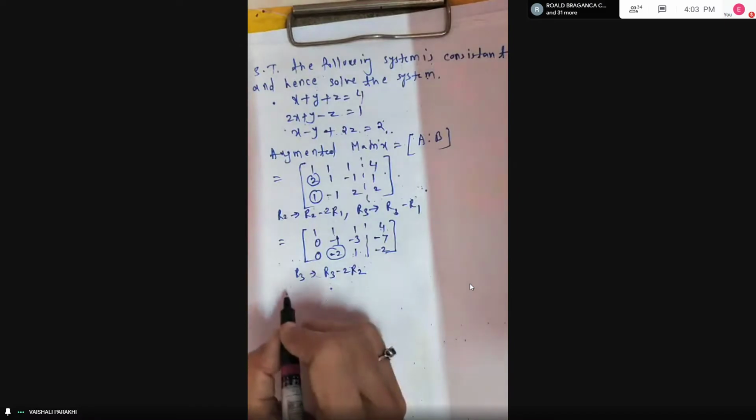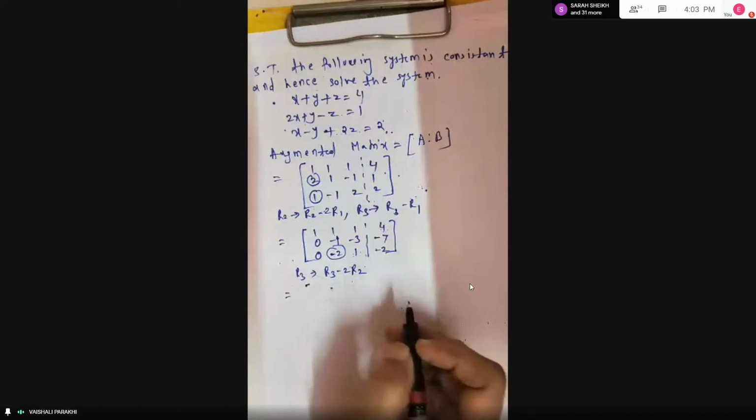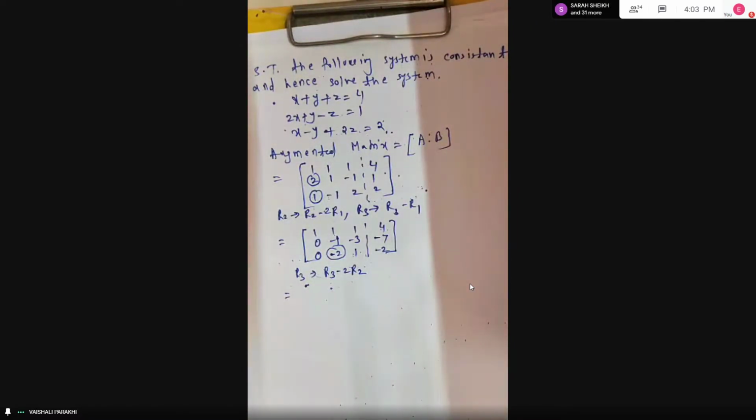Ma'am, we can do R3 divided by minus 2 also now. R3 divided by minus 2. So you'll get 1 there, no? You want 0 there, right? You cannot multiply by 0, remember.